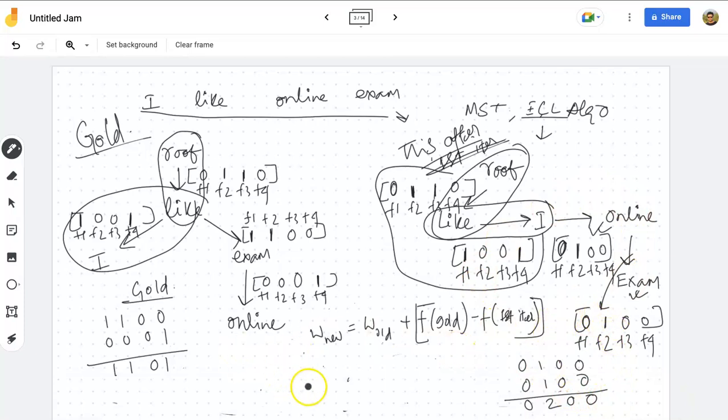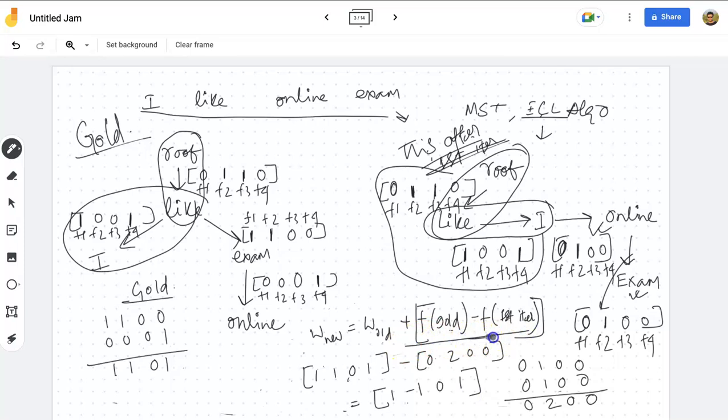Now just subtract 1 1 0 1 minus 0 2 0 0. If you do the element-wise difference, it will be 1, minus 1, 0, 1. So this is the difference.